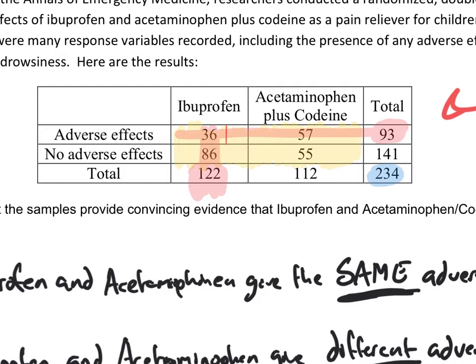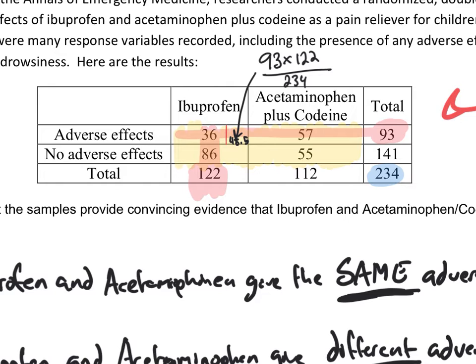So again, if I'm going to take this value right here, it's going to be 93 times 122 divided by 234. So I could do that by hand, right? I'm going to back out of this matrix real quick. If I did that by hand, 93 times 122 divided by 234, it's going to give me roughly 48.5 right there.